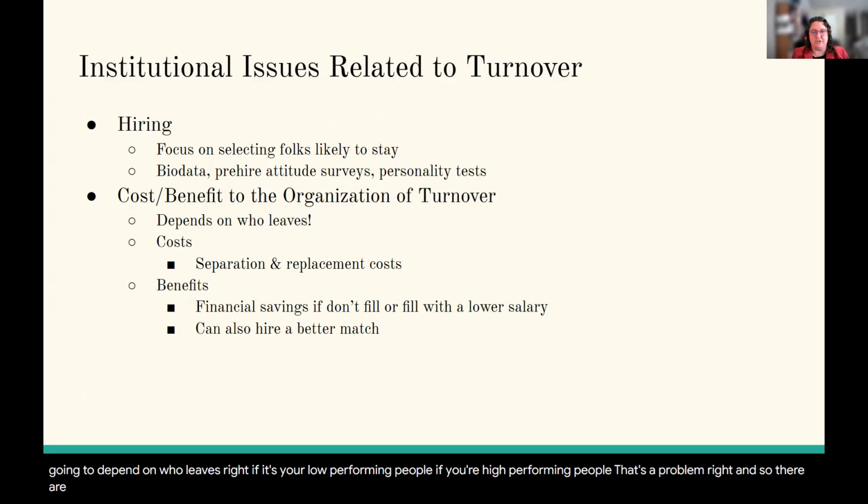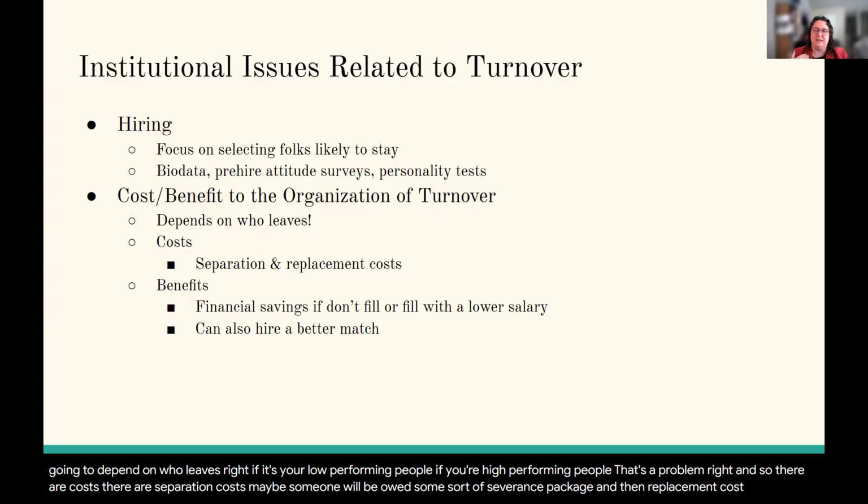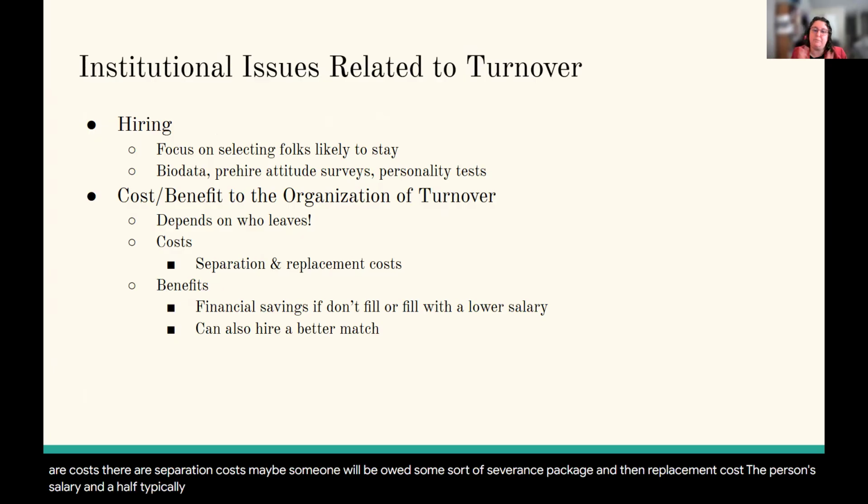There are separation costs. Maybe someone will be owed some sort of severance package, and then replacement costs. It costs something on the order of like the person's salary and a half typically to replace someone when there's a very extensive interview process. So, for example, in academia, when we're flying people out, wining and dining them, things like that.